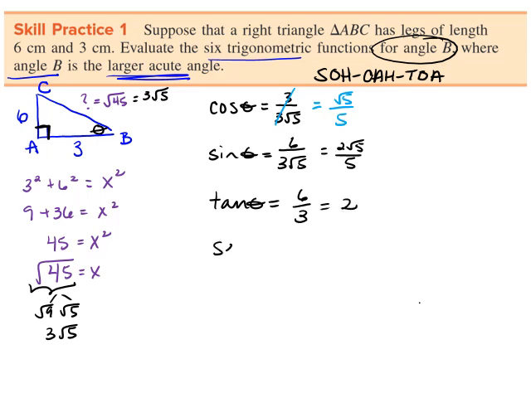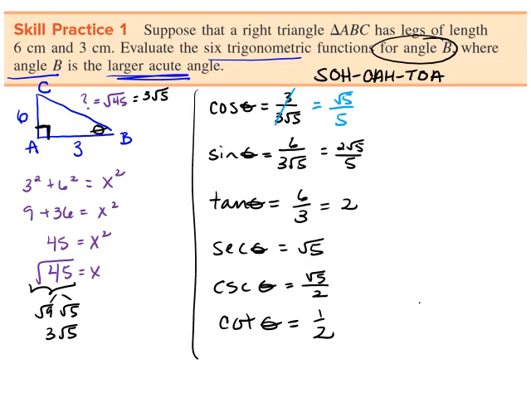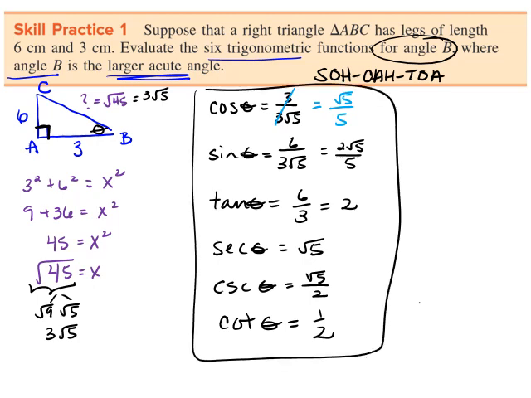Now we can go ahead and take the reciprocal of everything. So the reciprocal of cosine gives me the square root of 5. Cosecant of theta becomes square root of 5 over 2. And then cotangent of theta, the reciprocal of 2, is 1/2. So here are the answers to the 6 trig functions for angle B.